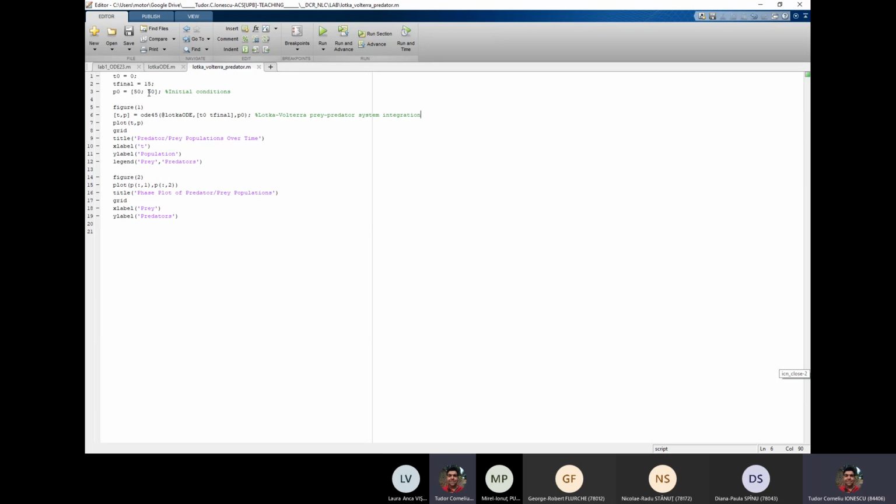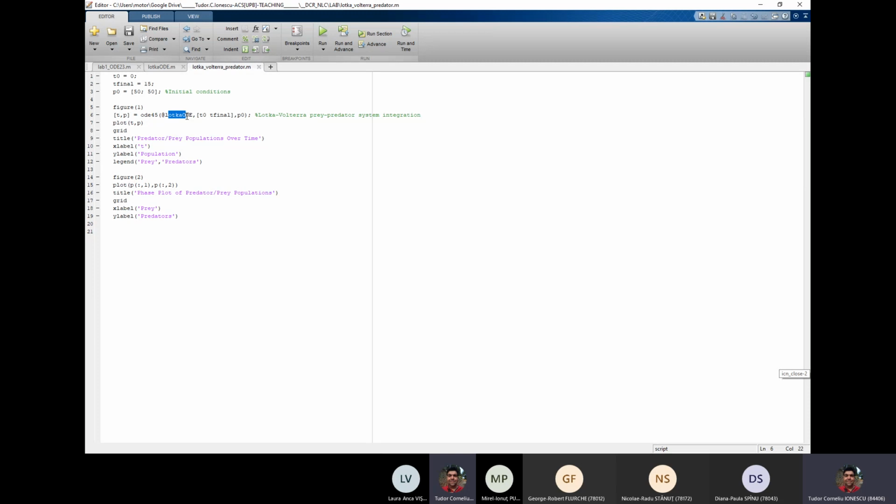And then you do the integration. As you can see here, you can do the integration for the whole array or vector of states. This is the state vector P. P has P1 and P2 as components. And we use the same ODE45, Runge-Kutta based numerical integration.